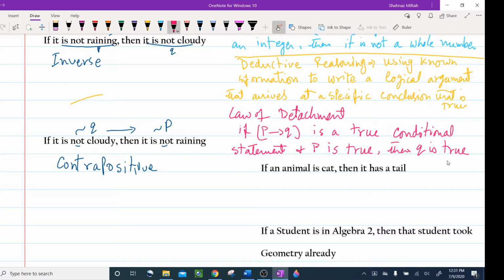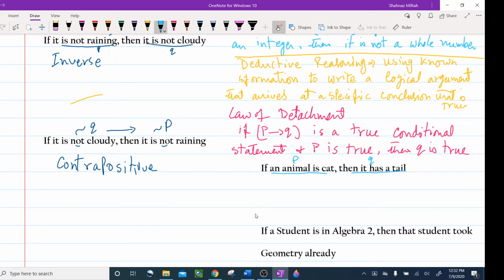Okay, let me give you an example. If an animal is a cat, then it has a tail, right? This is my conditional statement. This portion is P and this portion is Q, right? So this is a true conditional statement. Now, what is the hypothesis?